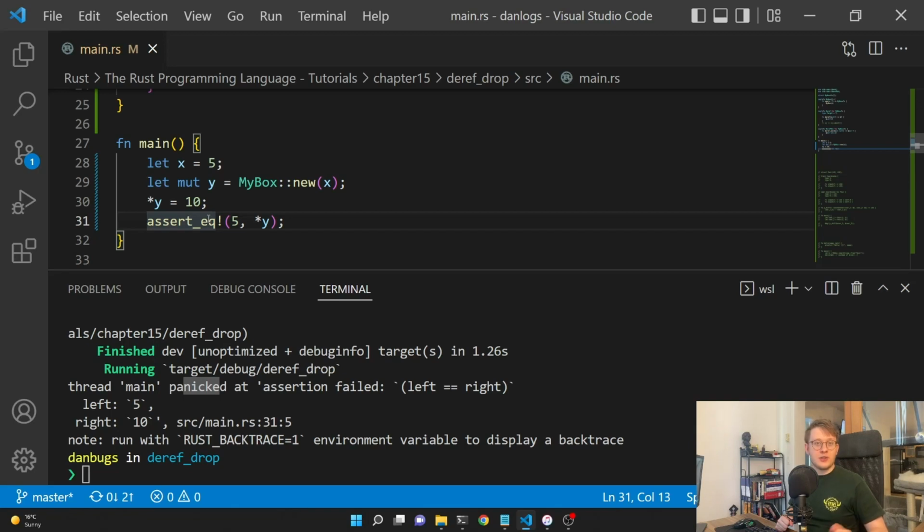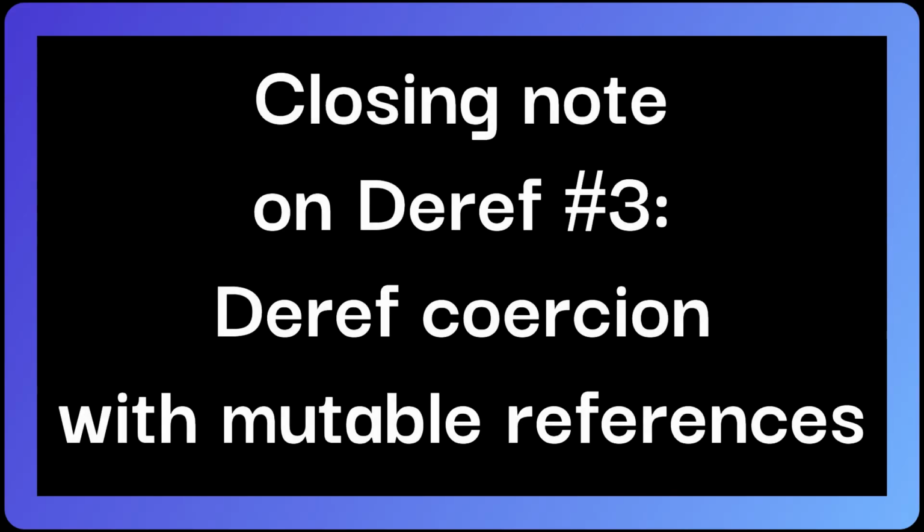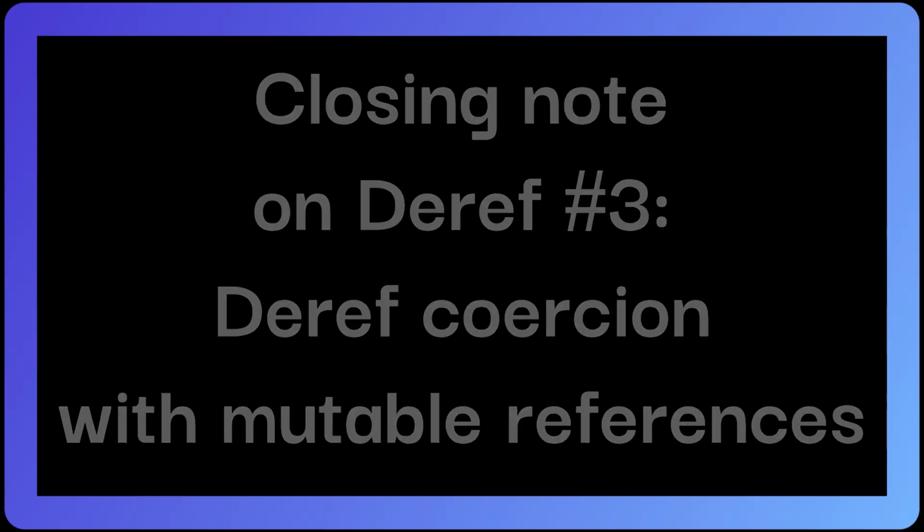Now let's finish our talk about deref with one final closing remark. Deref coercion obviously also works with mutable references. And the way it works, I think, is pretty intuitive. So if we have an immutable reference to T, we can only get an immutable reference to U as the coercion target.